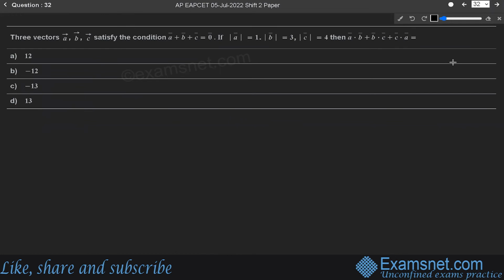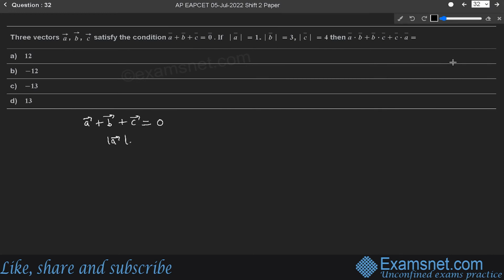Next question is also from the vectors, and it is a very important question. This kind of question always comes in the exam. Three vectors, A vector, B vector, and C vector, satisfy the condition A vector plus B vector plus C vector is equal to 0.